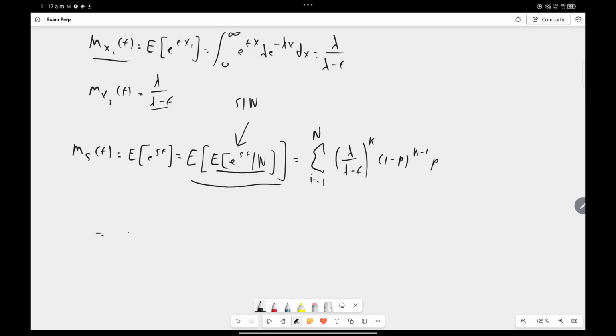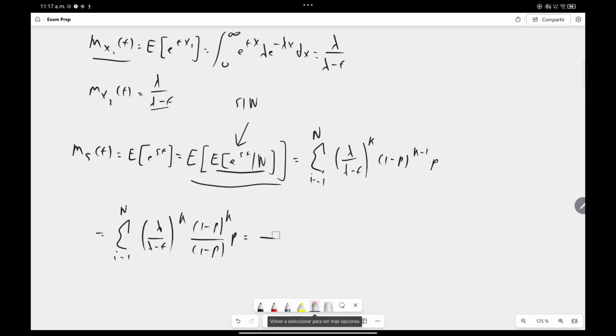We're going to do the sum from i equals 1 to n of (lambda minus t) to the power of k, and then (1 minus p) to the power of k over 1 minus p, times p, and then we get p times the sum from i equals 1 to capital N of (lambda (1 minus p) over (lambda minus t)) to the power of k, over 1 minus p.